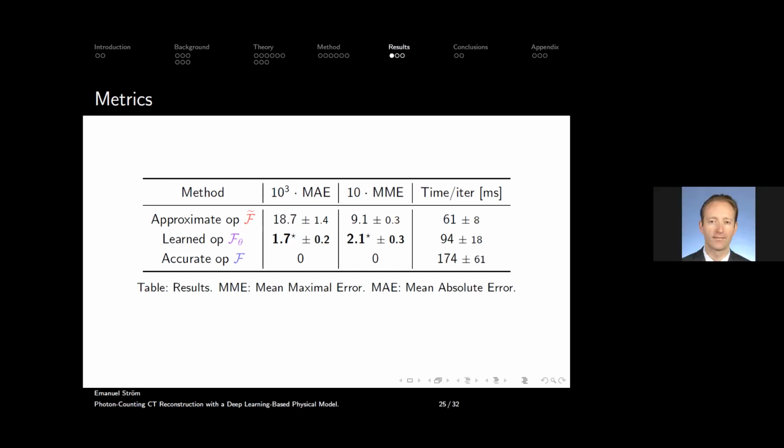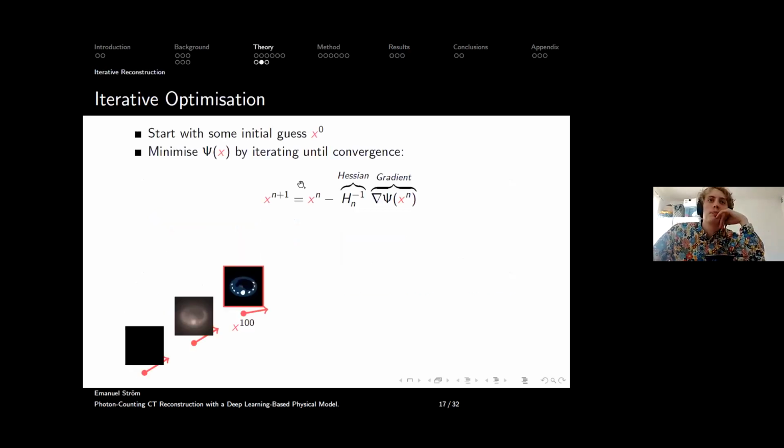So is the end result the same, but it converges slower, or what's the difference? This is a little bit technical. There are some things that I haven't mentioned here. When you do this reconstruction step, you have to have access to the gradient of the loss function, and that means that you have to compute the derivative of the forward operator as well.